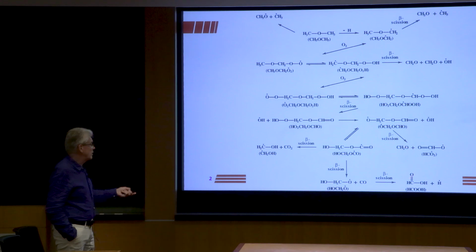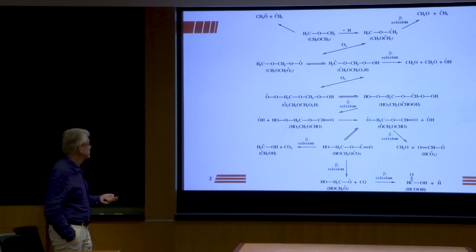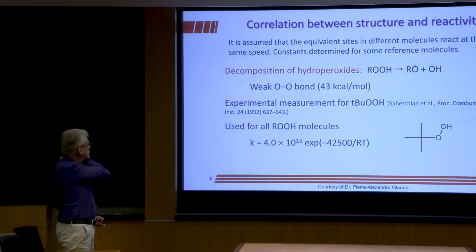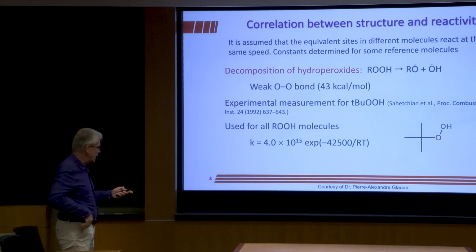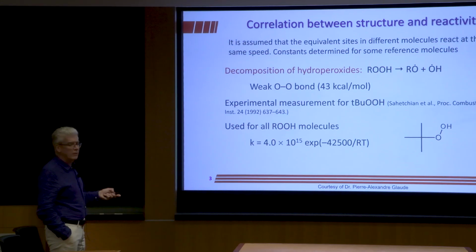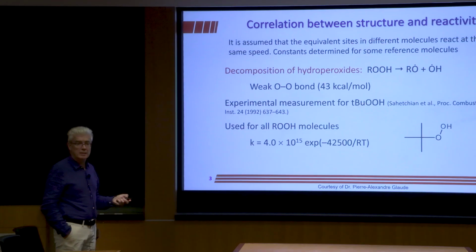And then there are some products formed further down. And then we can take rate constants by correlating between structure and reactivity. So there were some studies done by Sehetchian in 1992 and other ones too, which calculate the rate constants for the decomposition of hydroperoxides.